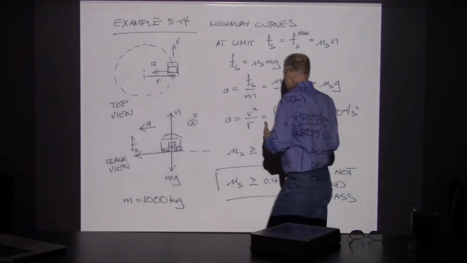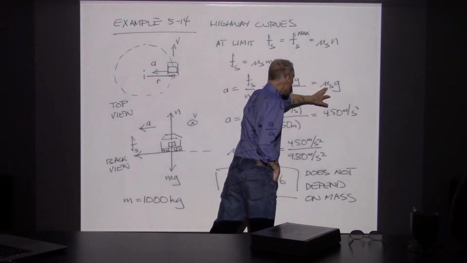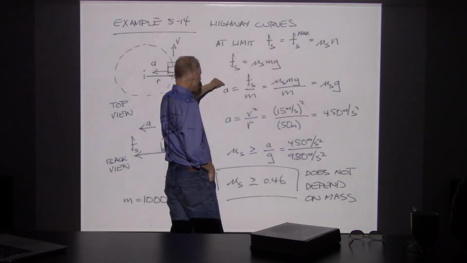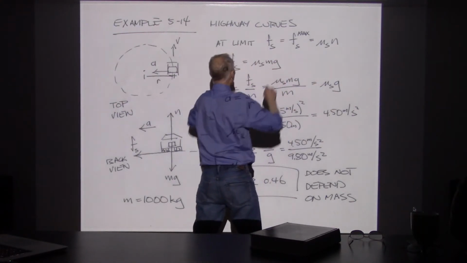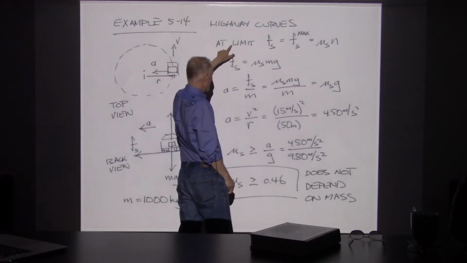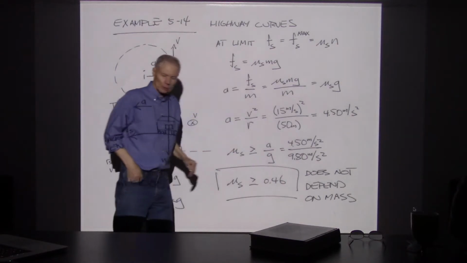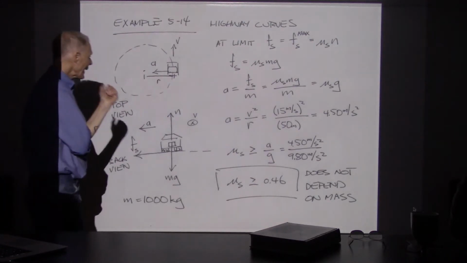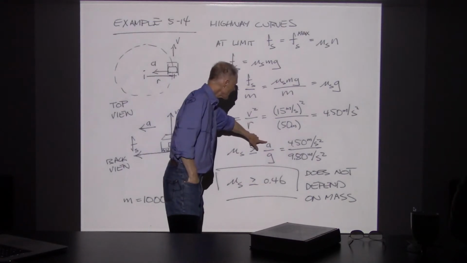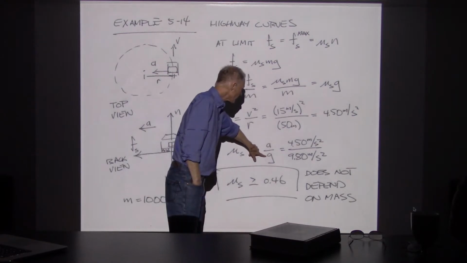So let's see what happens here. The mu sub s that we have is going to be given by the maximum acceleration divided by g. So remember, this part was solved assuming that we're right at the limit. So it says that in order to make it around a curve on this roadway, we would need a coefficient of static friction at least as large as the acceleration that we intend to go through the curve with, divided by the gravitational field.